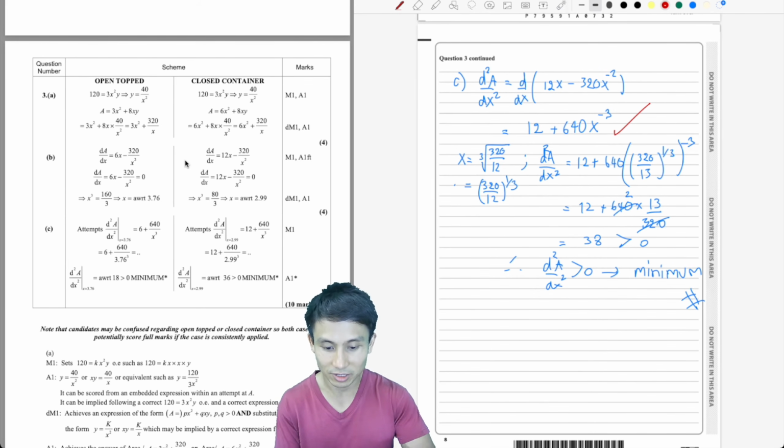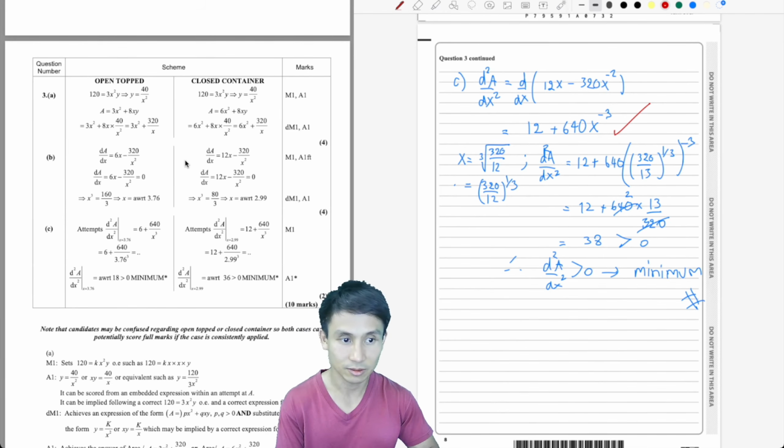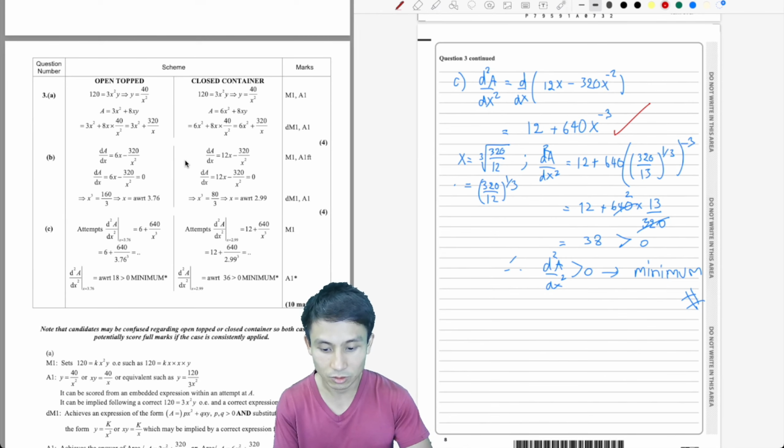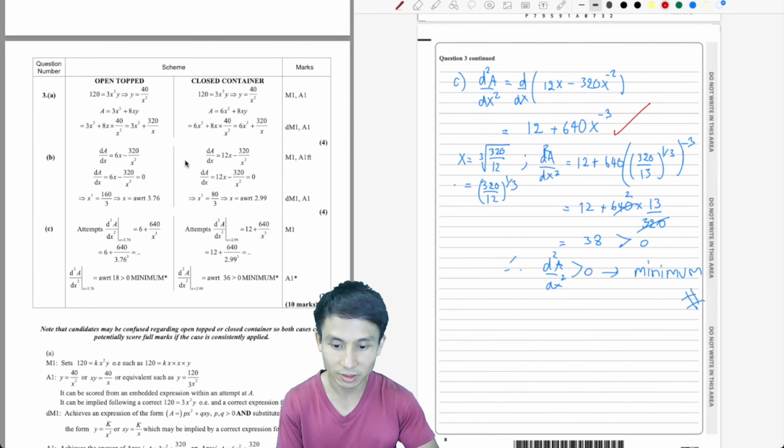Yeah, so let's try again. So cube root fraction 320 over 12 equals, so I'm going to put that as the answer first, and then 12 plus 640 divided by, what's that?